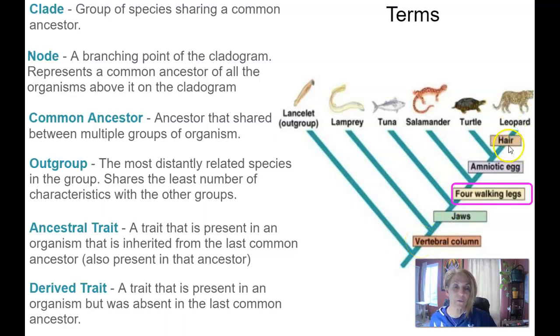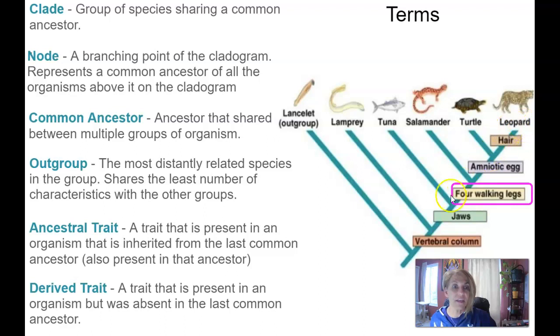The hair were derived from the amniotic egg. So everything below the derived trait shares the traits below it. Everything above the derived trait will include that derived trait. So it's a more recent trait that they got from a more recent common ancestor.